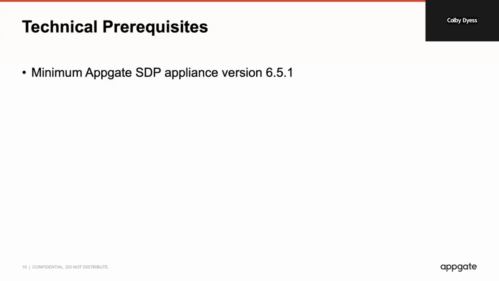In fact, any supported client version would be sufficient. I point that out since I know many customers are running different versions of Appgate clients, and I want to make it clear that you don't actually need to change the end user's behavior. If you're able to update the clients, that's great, but it's not needed. But you must upgrade the Appgate SDP appliances to 6.5.1 or higher.